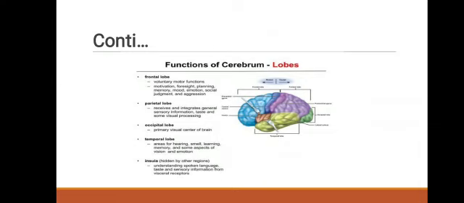Last one, temporal lobe function: areas for hearing, smell, learning, memory, and some aspects of vision and emotion. Next one, insula, that is hidden by other regions. It helps in understanding spoken language, taste and sensory information from visceral receptors.